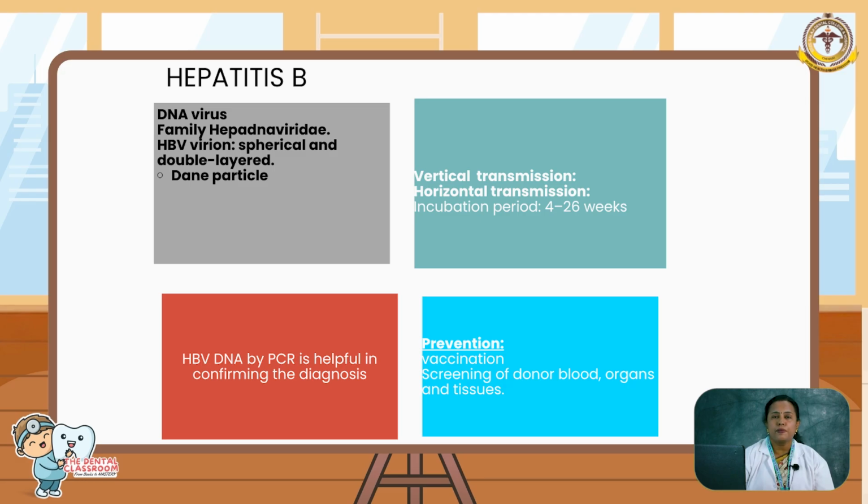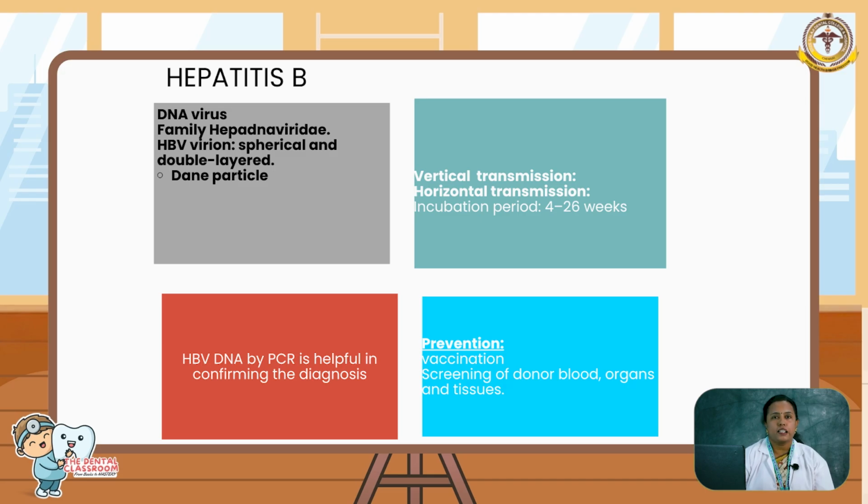Intravenous route occurs by transfusion of blood and blood products without screening. This mode of spread is very rare nowadays as we are routinely screening the blood and blood products for hepatitis B virus as well as for hepatitis C virus.